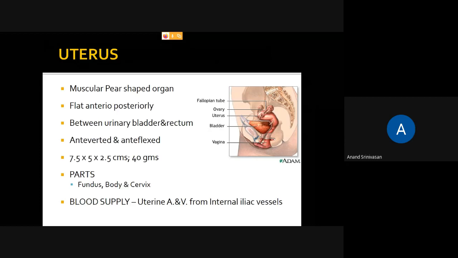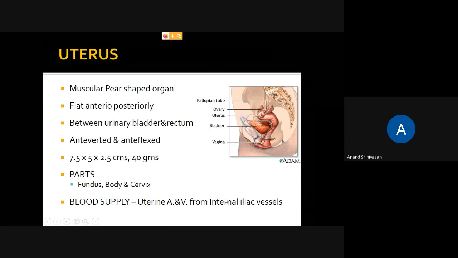You know that the abdominal aorta divides into the right and left common iliac. The right and left common iliac then divide into external iliac and internal iliac arteries, right? The external iliac continues in the leg as the femoral artery, whereas the internal iliac artery will supply the pelvic structures, and one of the branches from the internal iliac is the uterine artery.